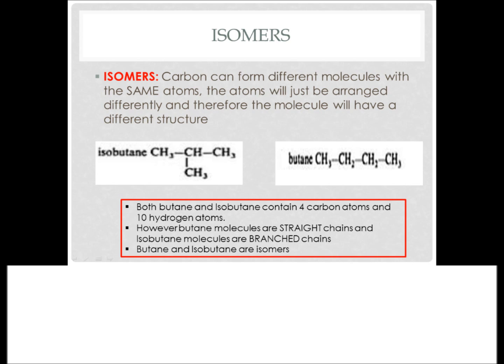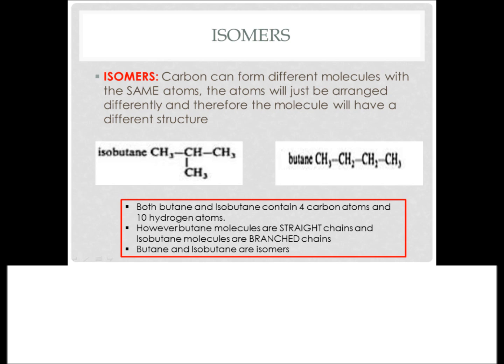The last term that I'm going to be discussing in this section are isomers. Now, isomers are when the carbon molecule contains the exact same atoms. However, the atoms are just arranged differently, and therefore the molecule has a different structure. So for example, butane and isobutane, those are isomers of one another. Why?